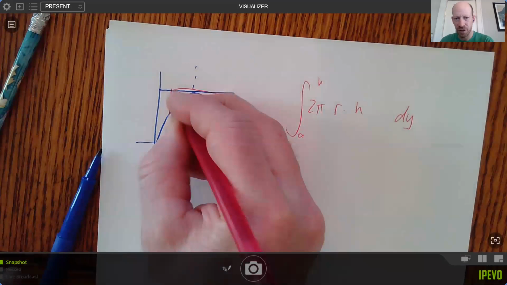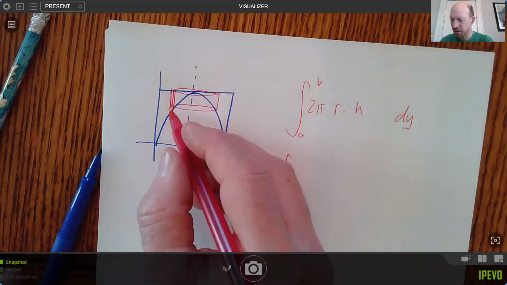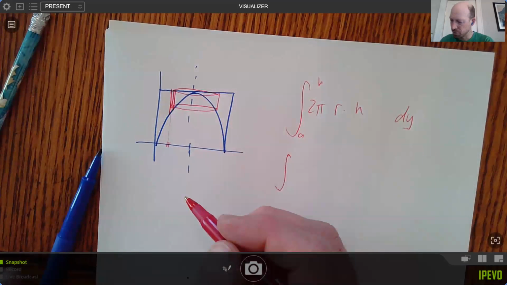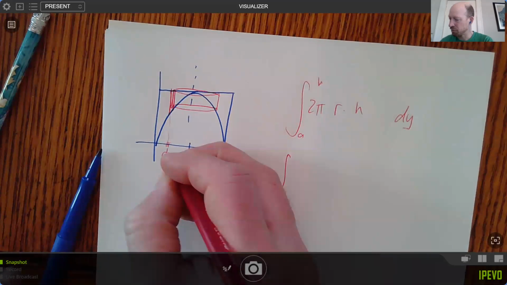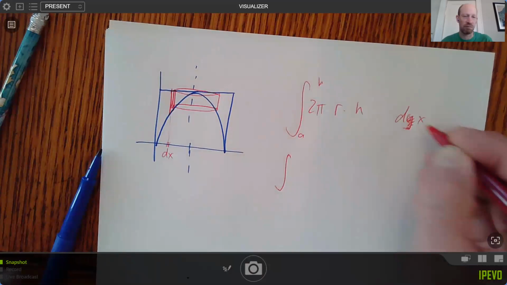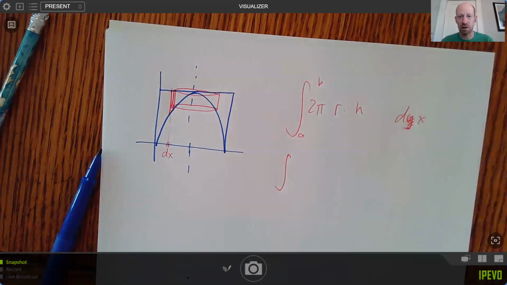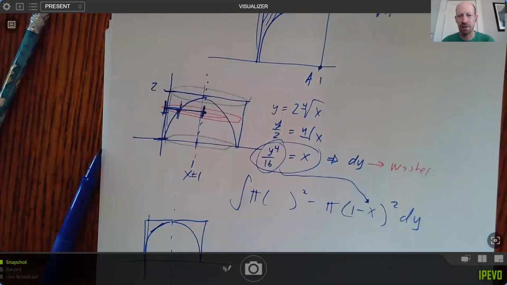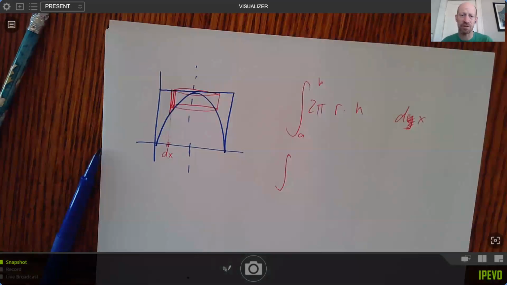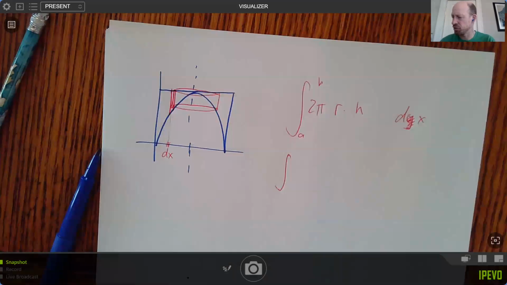Visually, this thickness here should be dx, and I wrote dy, and I forgot or wasn't thinking. Our washer was dy, so for the same shape and the same axis of rotation, it certainly should have been dx for the shell.